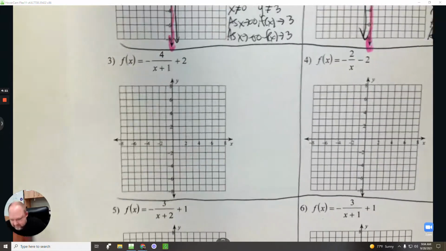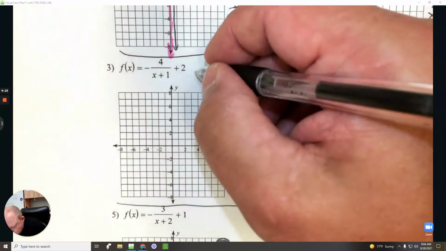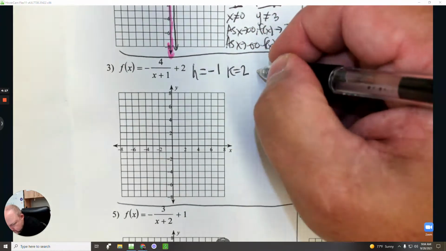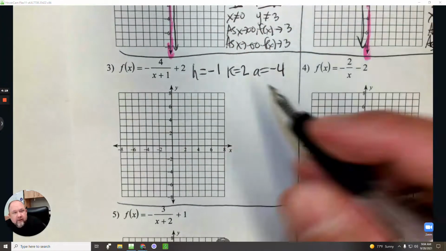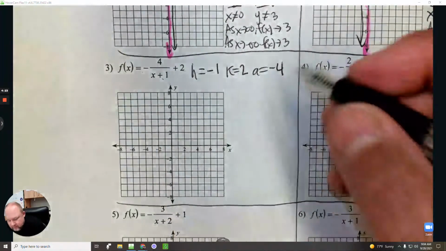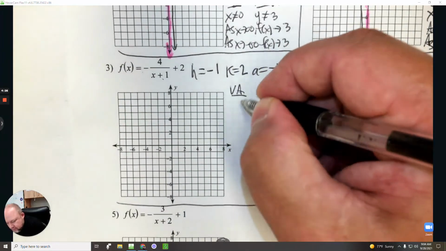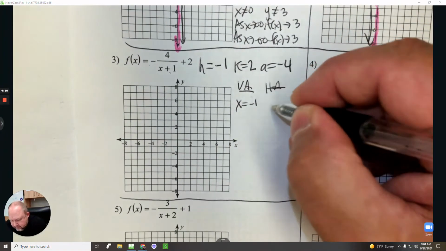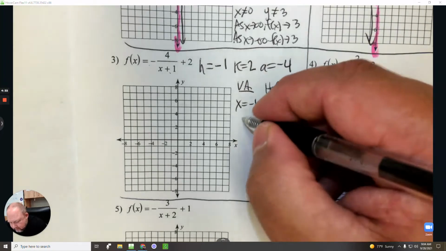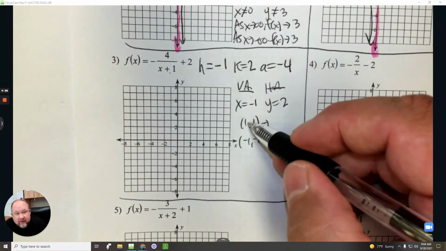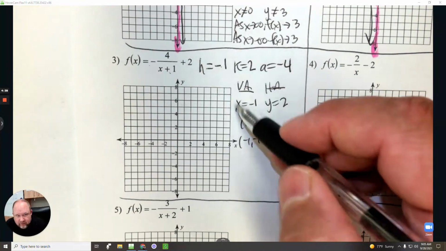Press pause and try it, and then I'll do it. So h is negative 1, k is 2, and a is negative 4. So the vertical asymptote is at x equals negative 1. The horizontal asymptote is at y equals 2. And then we're going to change 2 points and put them on our graph. So to change the x, the h is what changes the x.